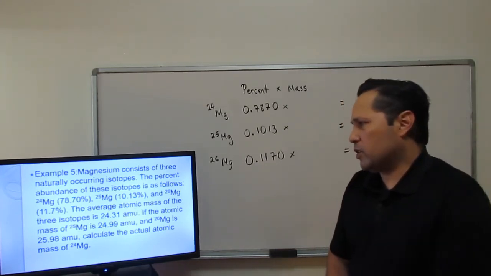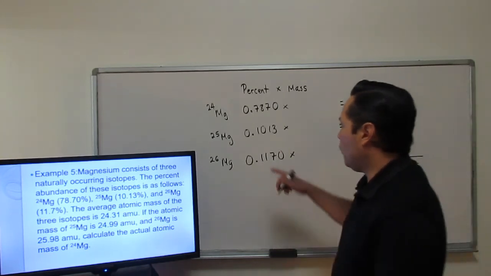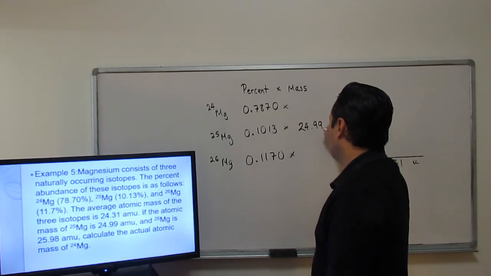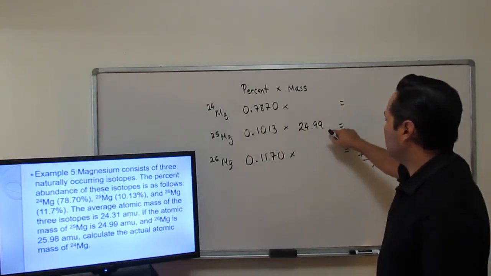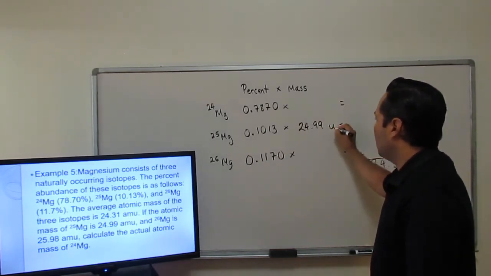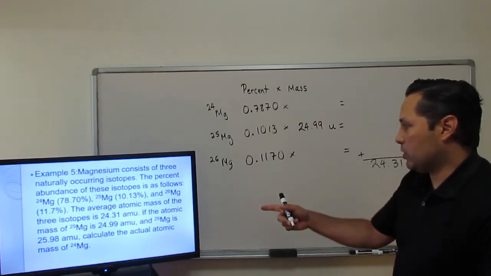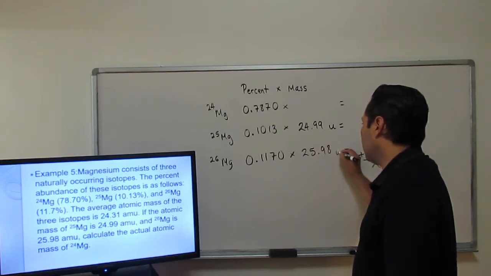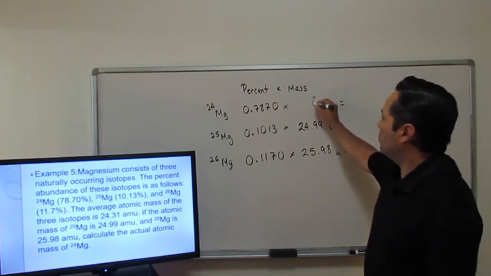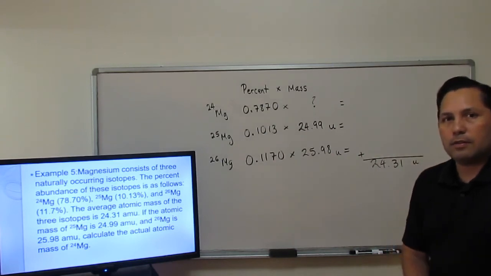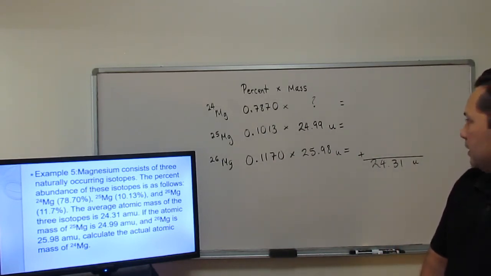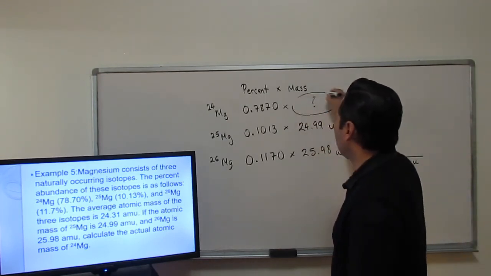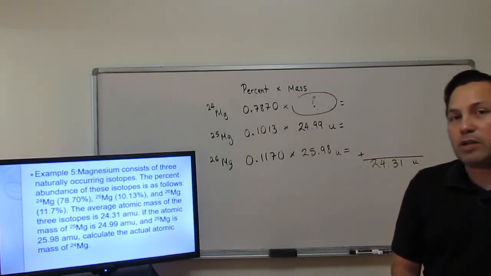Then they tell you the atomic mass of magnesium 25 is 24.99 U, and for magnesium 26 is 25.98. Then they want to know, what's this? Alright, that is all the information that's given to us, and this is what we're solving for right here. What is the mass of magnesium 24?